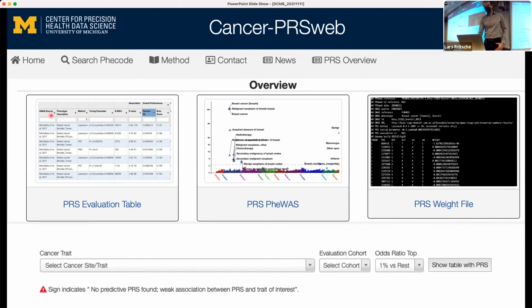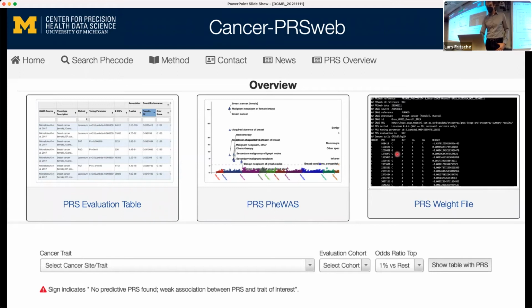In here, you can find the evaluation of PRS, the PRS evaluation table by phenotype. And then also we share phenome-wide association studies results. So using this PRS to screen for associations across the phenomes that we have, and then also share the file with all the information you need to regenerate this PRS in your own cohort.